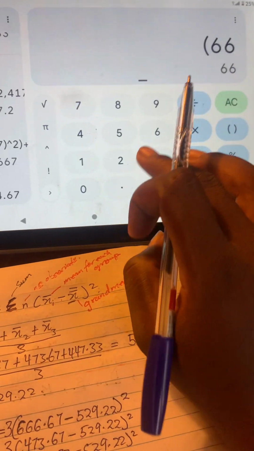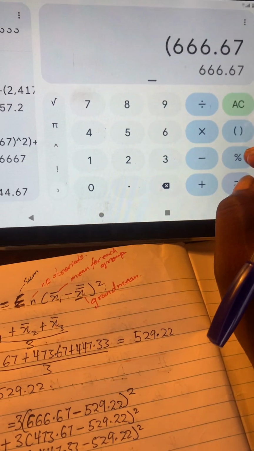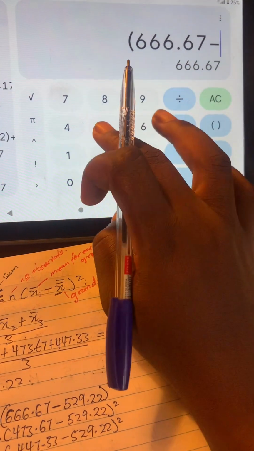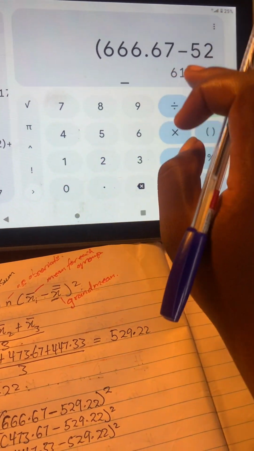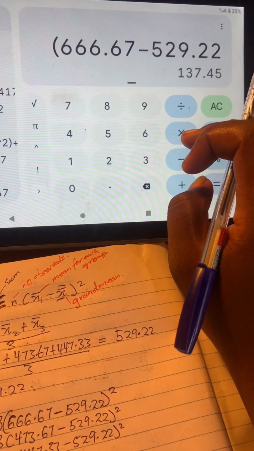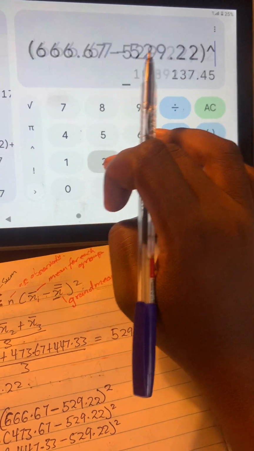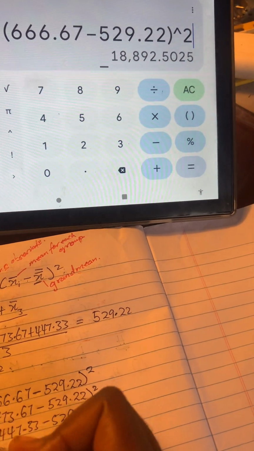For group 1, we enter 666.67. So you first work the deviations: you work the one in the bracket, then you square it before you multiply by 3.